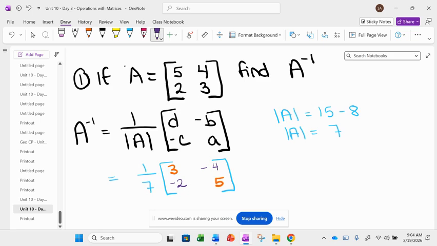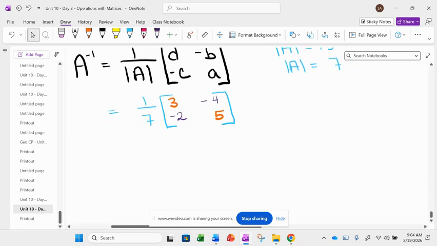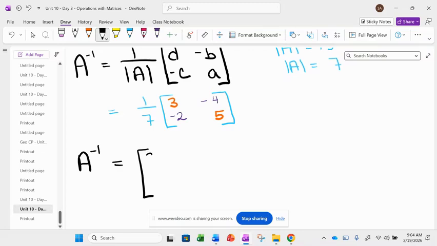What do we do when we have a scalar times a matrix? Ariana? Yeah, we just distribute that scalar into each element. So my multiplicative inverse of matrix A is going to be 3/7, -4/7, -2/7, and 5/7.